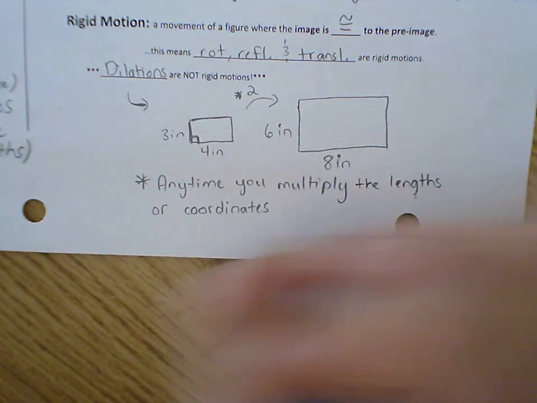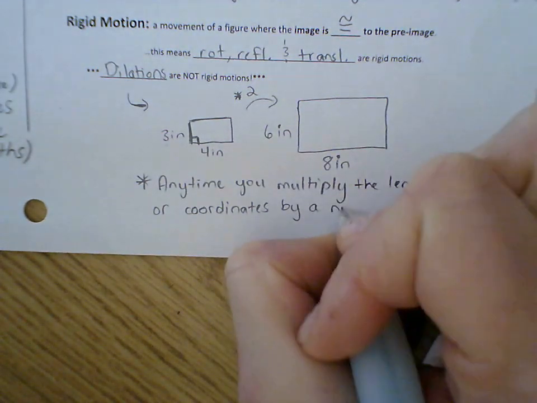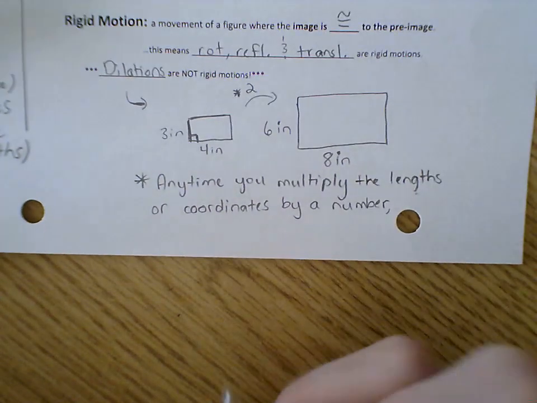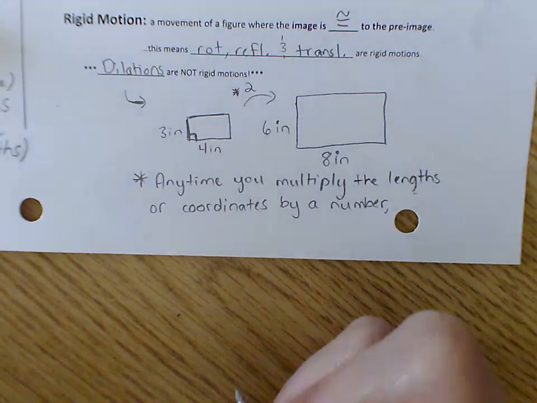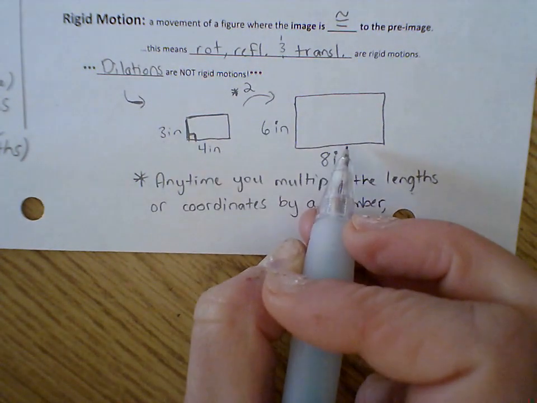But anytime you're multiplying the lengths or the coordinates by a number, the pre-image and the image are actually no longer going to be congruent, because it's going to change the size of it, right?